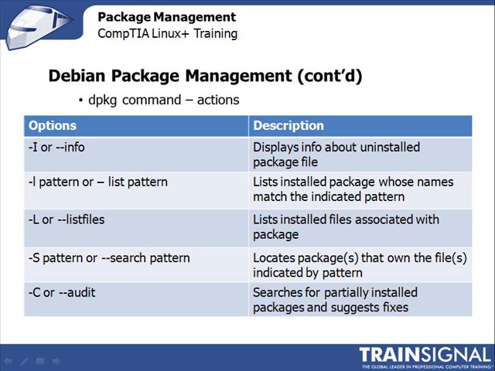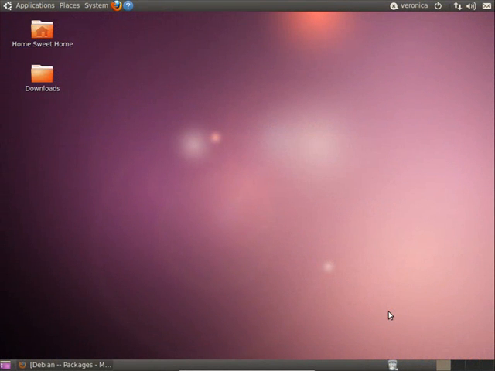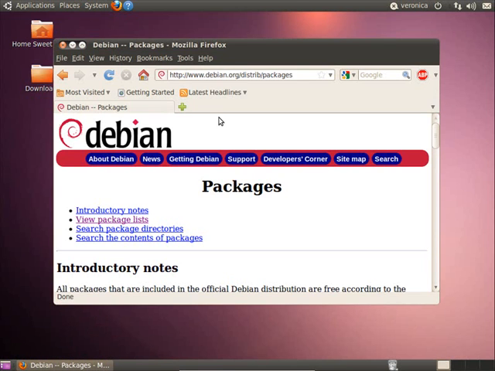Let's open a terminal window on our Ubuntu system and try out this command. Now before we go to the terminal, let's take a look at one of the websites where you can find the deb files needed for dpkg installation. Let's open up our browser, and you can see here that the URL is www.debian.org/distrib/packages.